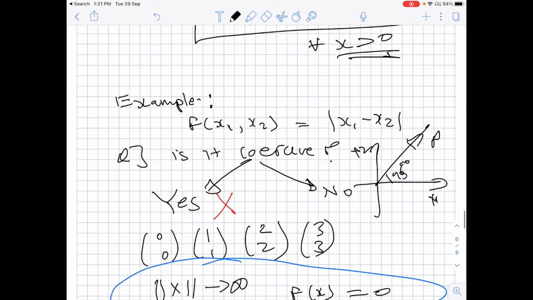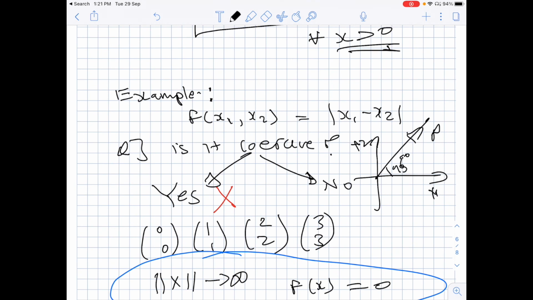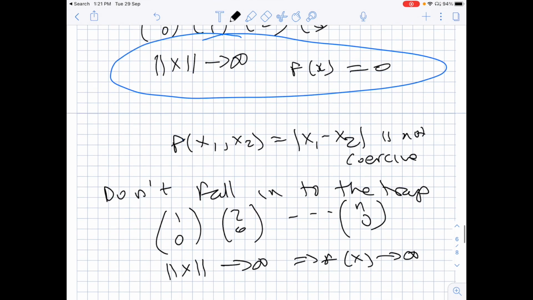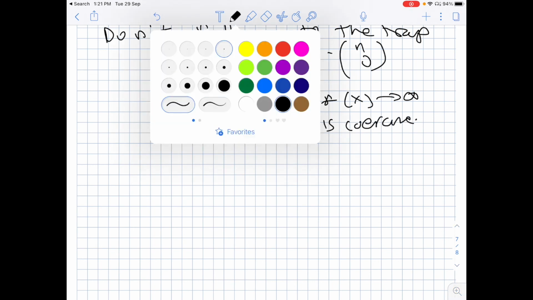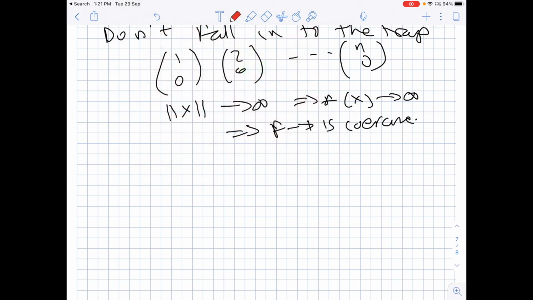I have kept x2 at 0 and the x1 coordinate I am taking to infinity. So f of x goes to infinity, which implies f is coercive. Getting any one sequence going to infinity with f going to infinity is an incorrect criterion.